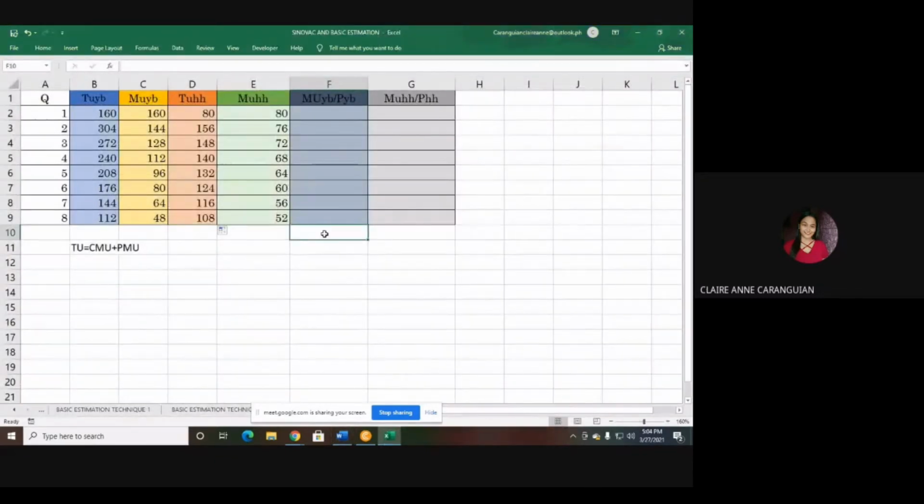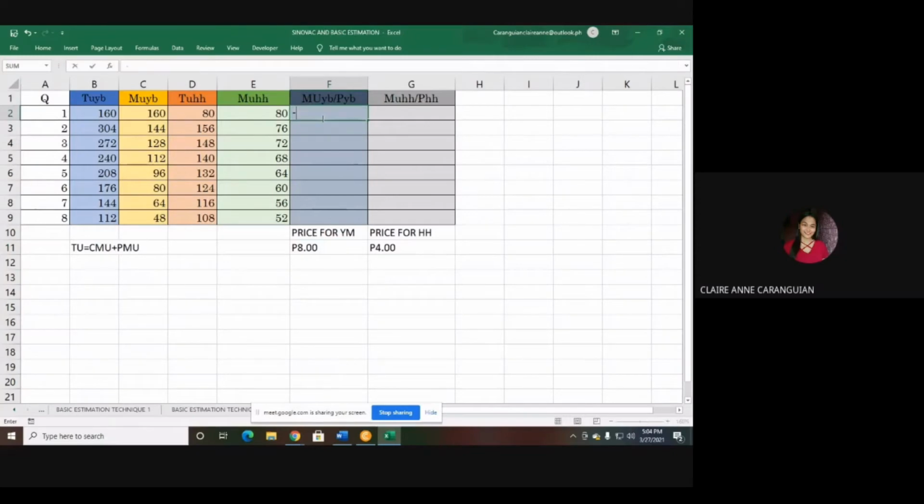So we know that the price of Yum Burger is equal to 8 pesos, while the price for Halo Halo, HH, is 4 pesos. So here are the givens.